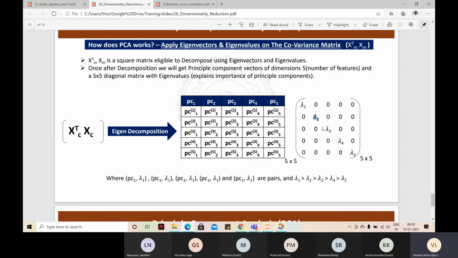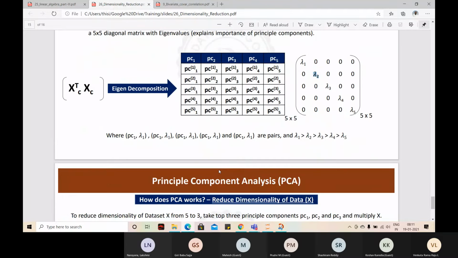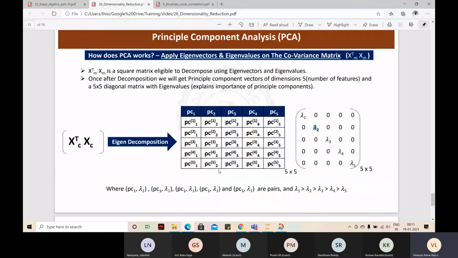The eigenvalues are going to be in descending order in the diagonal matrix. Similarly, the corresponding principal components are kept in order in the PC matrix also. Got it? Any questions?